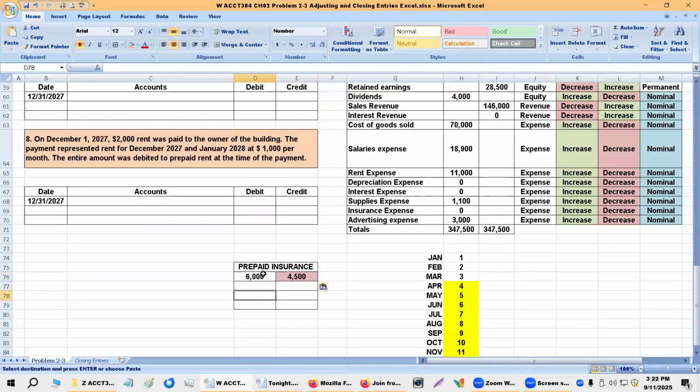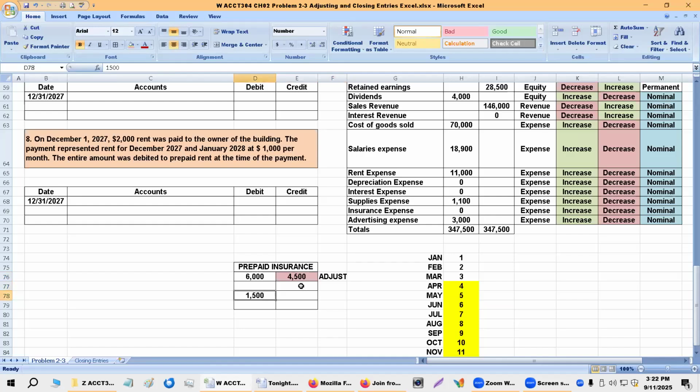When we get the total, we'll say, okay, 6,000 minus 4,500, there's 1,500 left. So this is the adjusting entry that we have, and then it'll automatically show what's left on it.